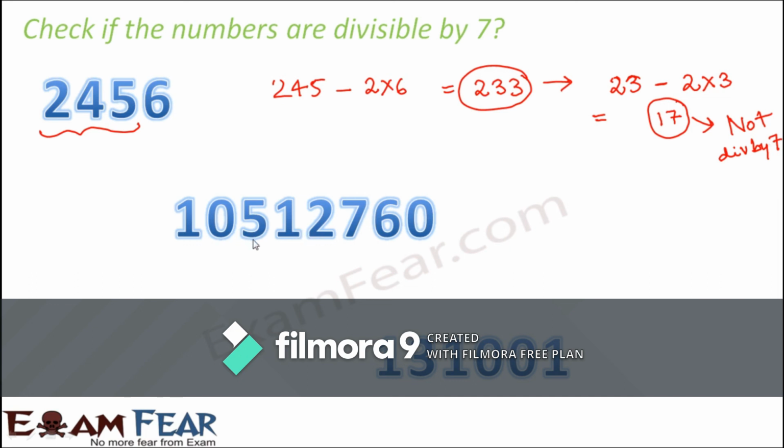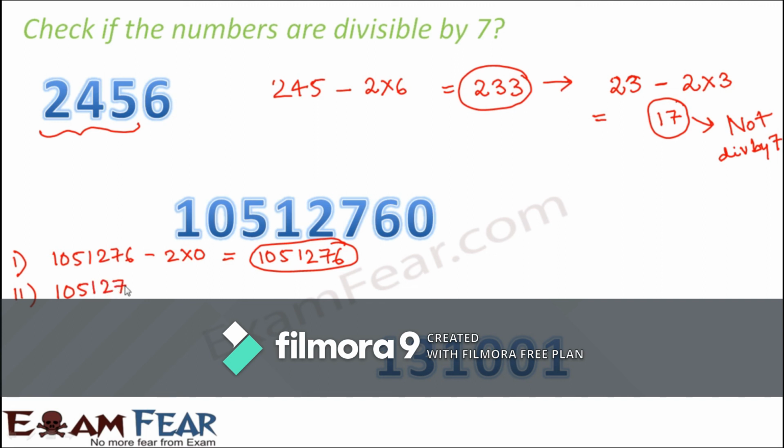Let us look at the next number. It is 10512760. So here let us perform the first step. So let's see how many steps we have to perform. Initially we will consider the entire number except the last digit, 1051276 minus 2 into 0. So that is basically 0. So this will be 1051276. We do not know if this is divisible by 7 or not. So we repeat the process.